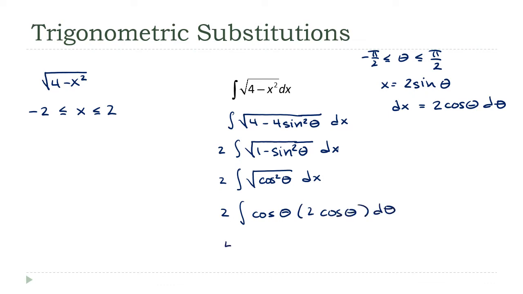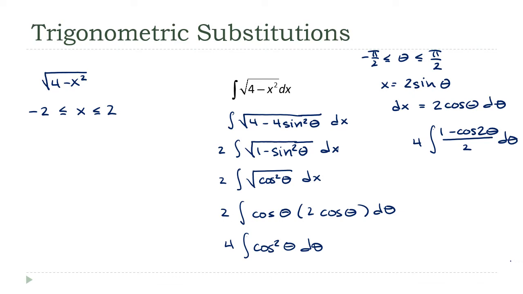So this is 4 integral cosine squared theta d theta. And we've done this one before, right? We're going to use the double angle formula here. This is 4 integral 1 minus cosine 2 theta over 2 d theta.